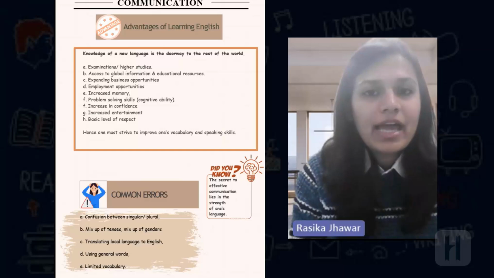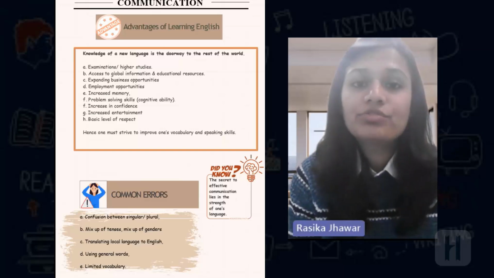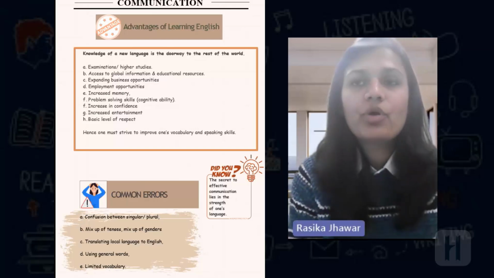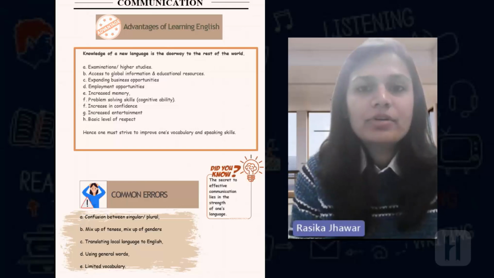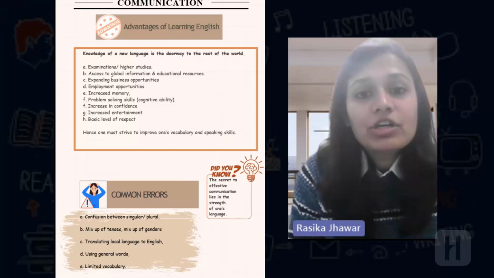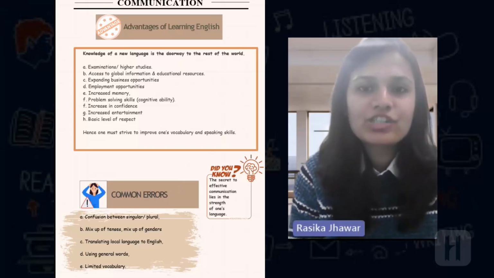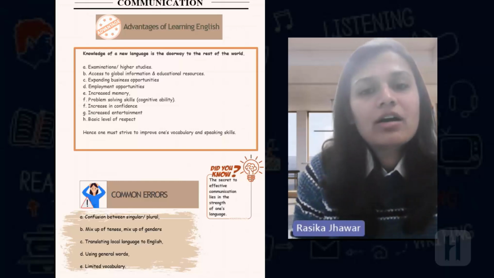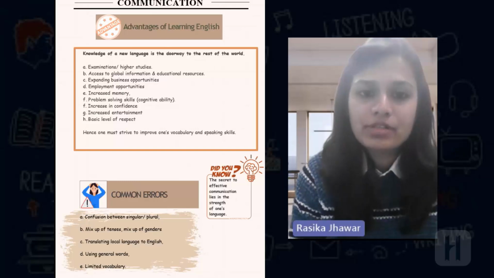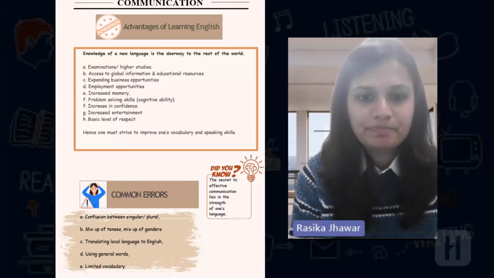Also, being able to speak in English will give you a basic level of respect, irrespective of your educational qualification. Say you're not a person who has even qualified your matriculation examination, but when you speak in English effectively and fluently, then a perception is established in the mind of the other person, and that gives you a basic level of respect.